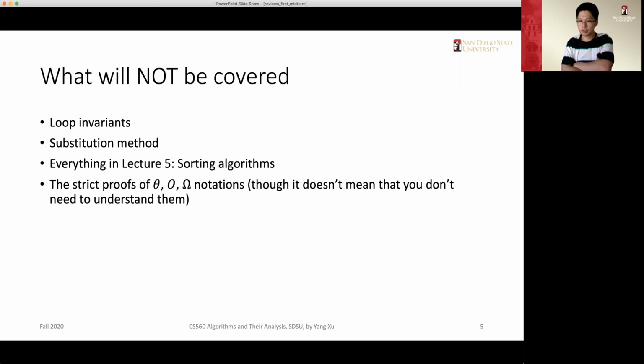So what was the slide before? What will not be covered? If I understand it, the sorting algorithms will not be covered, and everything before sorting algorithms will be covered.